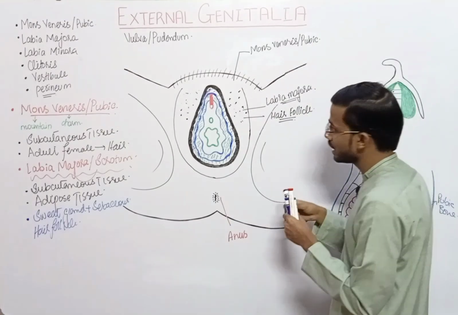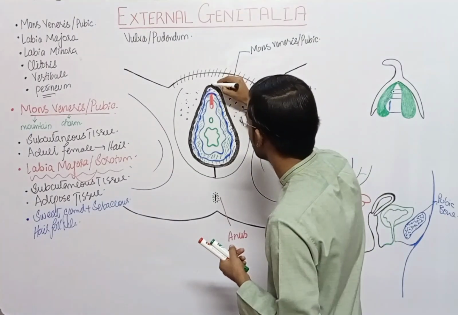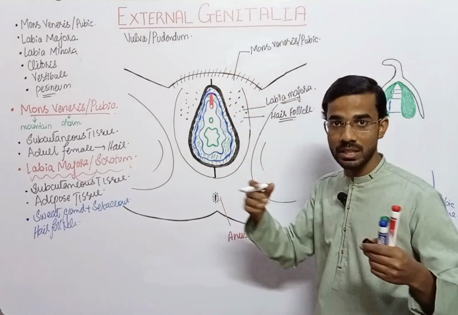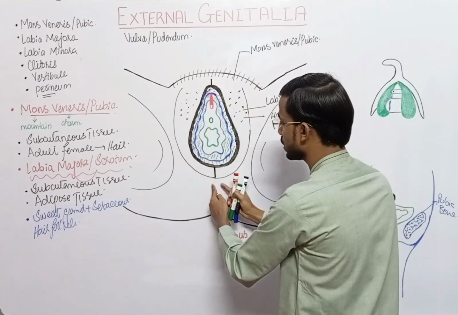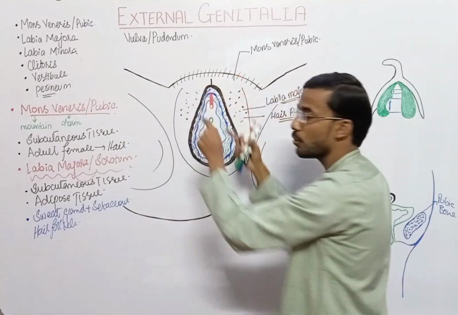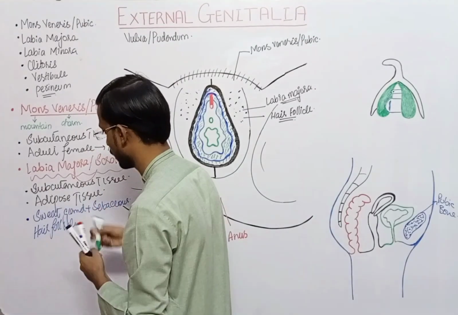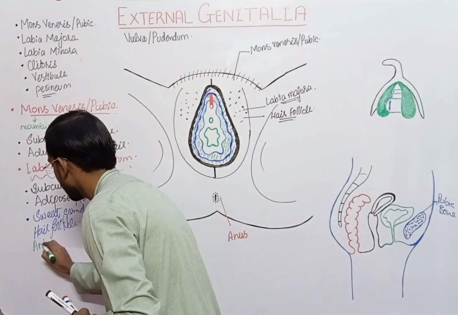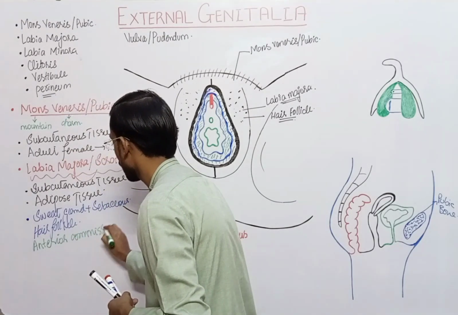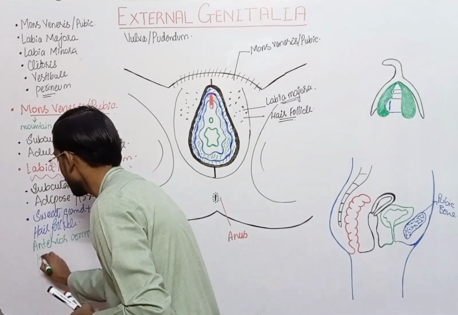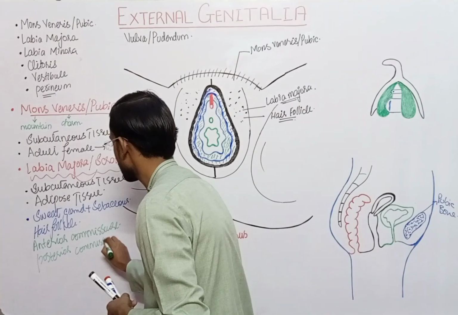At the posterior side and the anterior side you will see the commissures, which are junctions. The labia majora at the anterior and posterior sides form commissures: the anterior commissure and the posterior commissure.